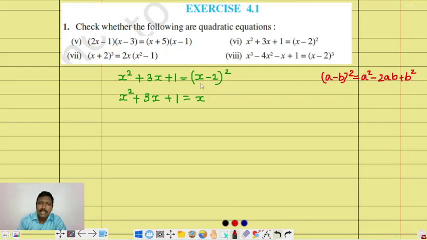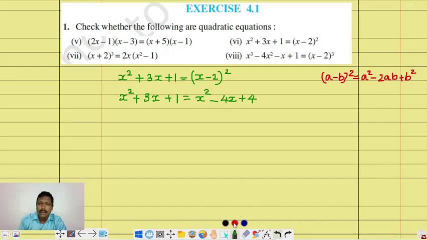So a squared means it will be x squared, minus 2ab. 2ab will be 2 into x into 2, 2x, 2x into 2 will be 4x. So it will be x squared minus 4x, plus b square, that is plus 2 square. 2 square is equal to 4. So you will get x square minus 4x plus 4.